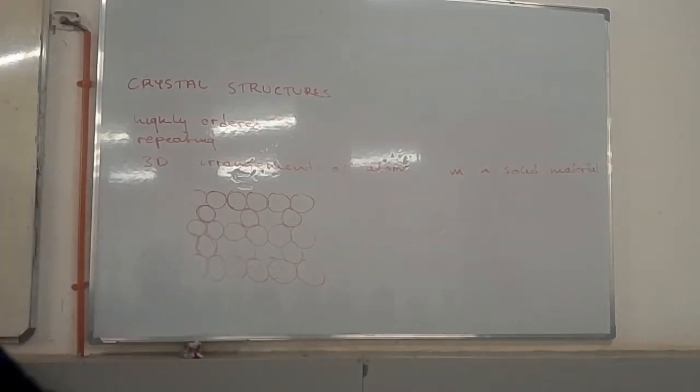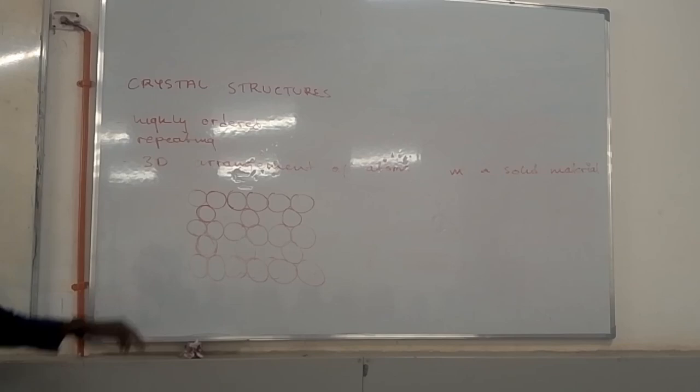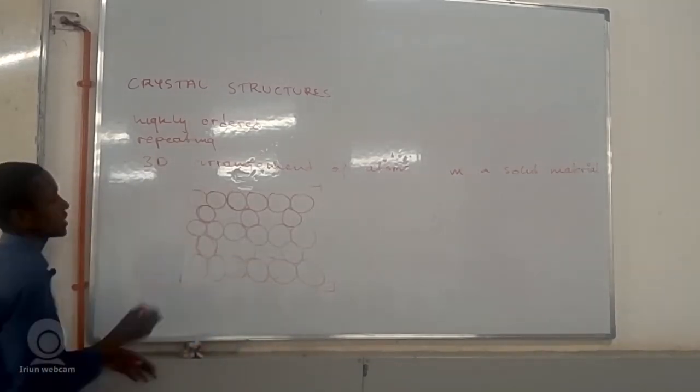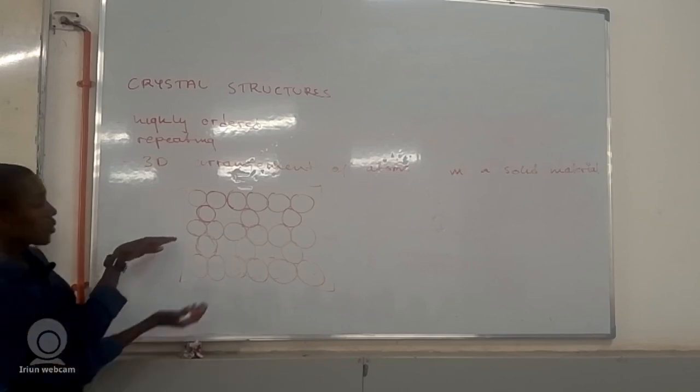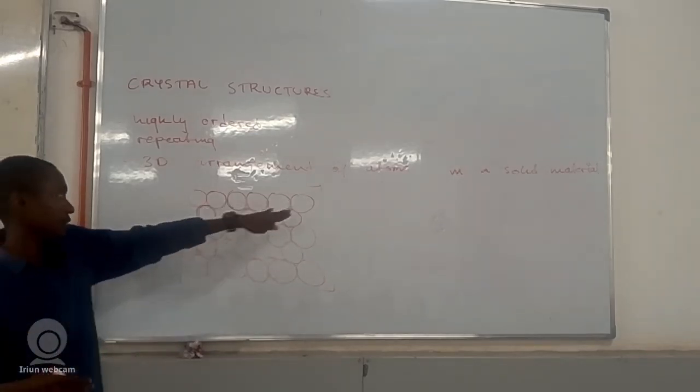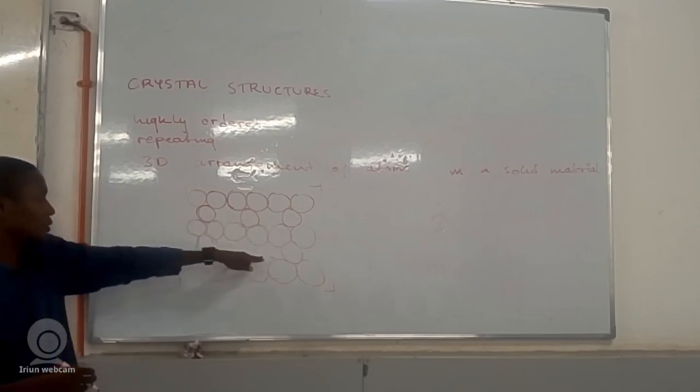I don't know if you can see the pattern here. Can you see it? So these are atoms. This is a solid material. Right? Maybe this can be iron. And the atoms inside iron are arranged like this. Right? You see this. This is the arrangement of atoms inside iron.